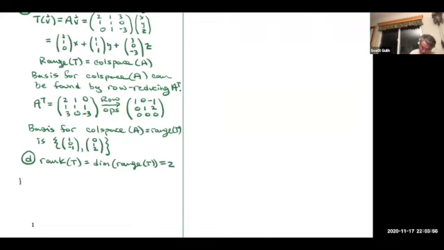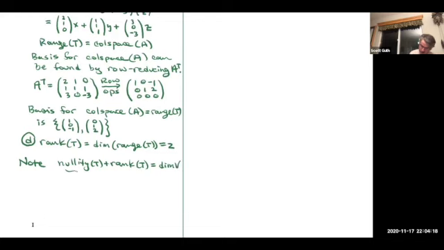Okay, and so note, we say that the nullity of T plus the rank of T is equal to the dimension of the vector space that you're mapping from. So the nullity was one-dimensional, the rank was two-dimensional, and V is R3, so this is going to be three-dimensional.